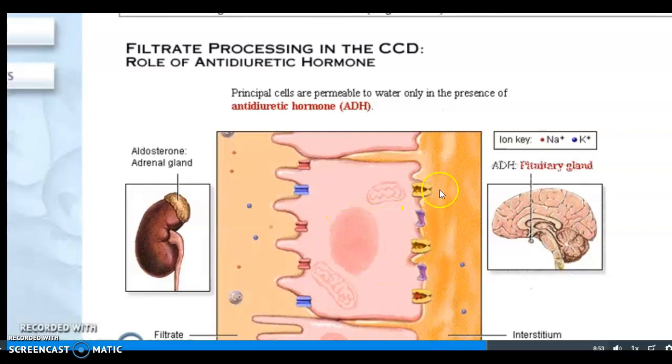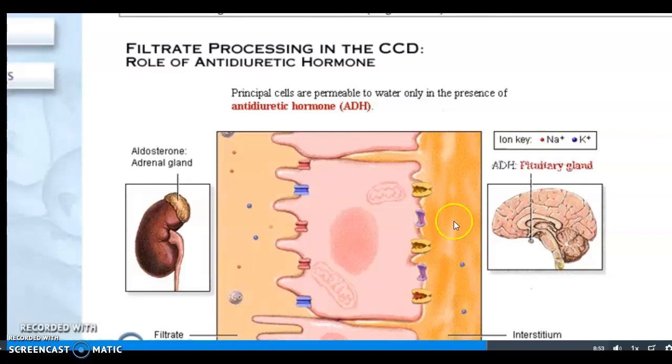So if I increase the osmolarity here, and I'm pumping potassium this way, sodium this way, but always more sodium than potassium, I'm increasing the osmolarity. And now I put more water channels in here. Now more water is going to be able to come through this cell and try to equalize this.